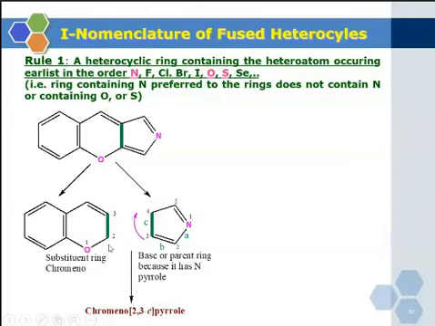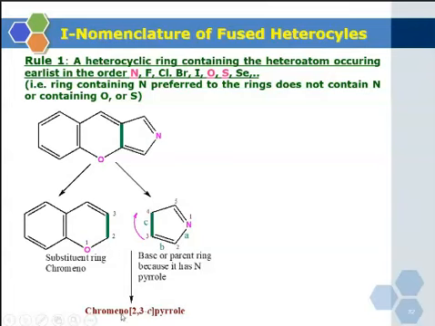That is, the side 2 and 3 of the substituent is fused to the side C. That is, chromeno's number 2 and 3 position is fused with the C side of this pyrrole.